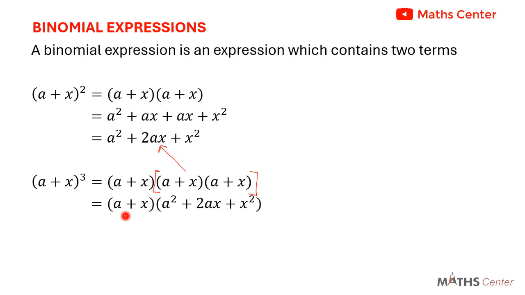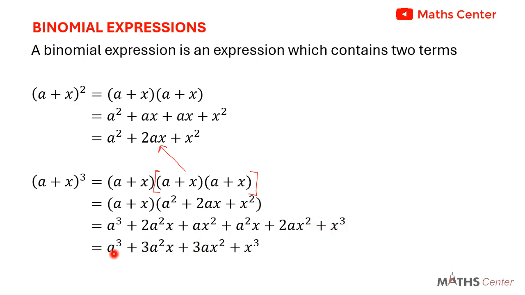When we open the bracket here, we are going to have a times a gives us a cubed, a times 2ax gives us 2a squared x, a times x squared gives us ax squared, x times a squared is a squared x, x times 2ax is 2ax squared, x times x squared gives us x cubed.